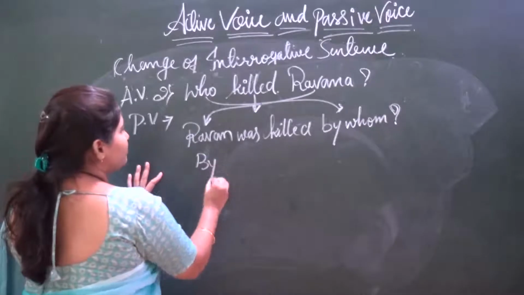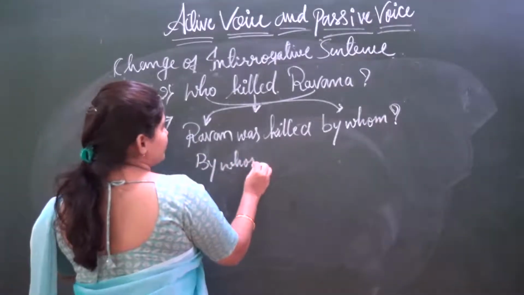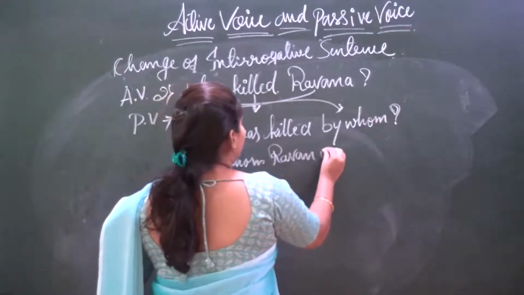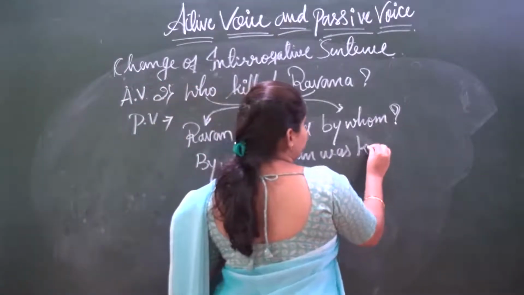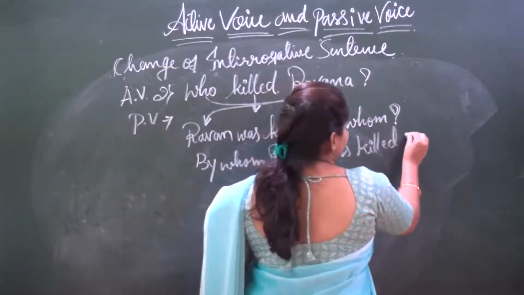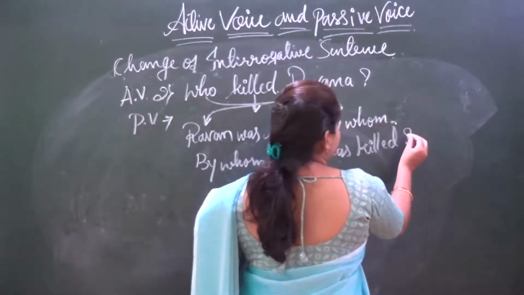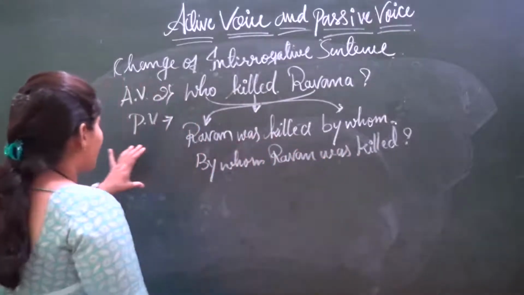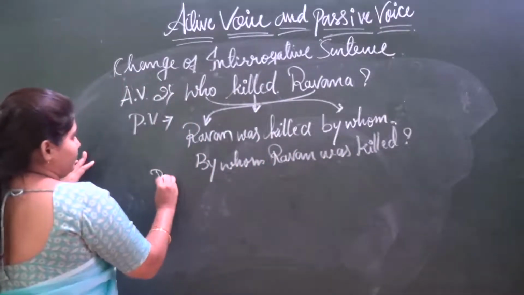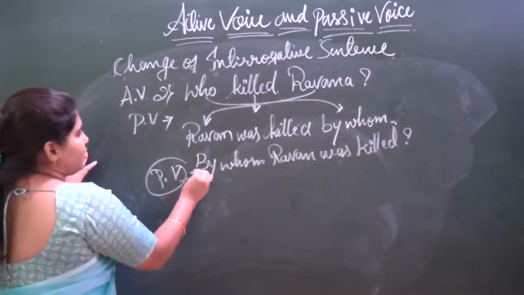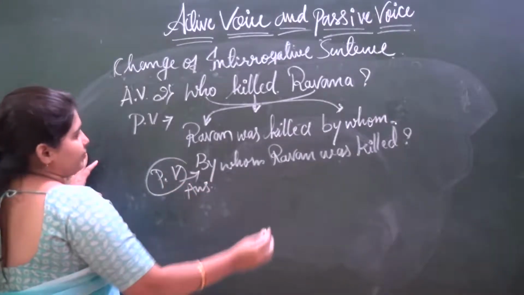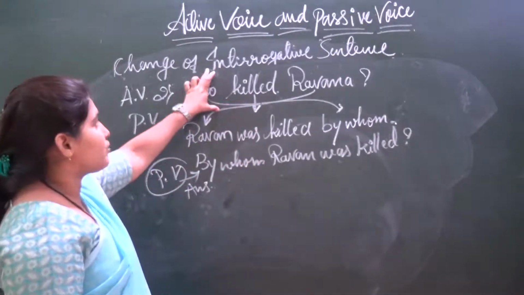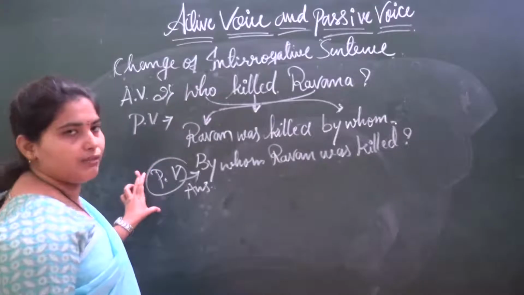By whom Ravana was killed. This is the passive form. This is the answer. So this is the way we have to convert an interrogative sentence into the passive form.